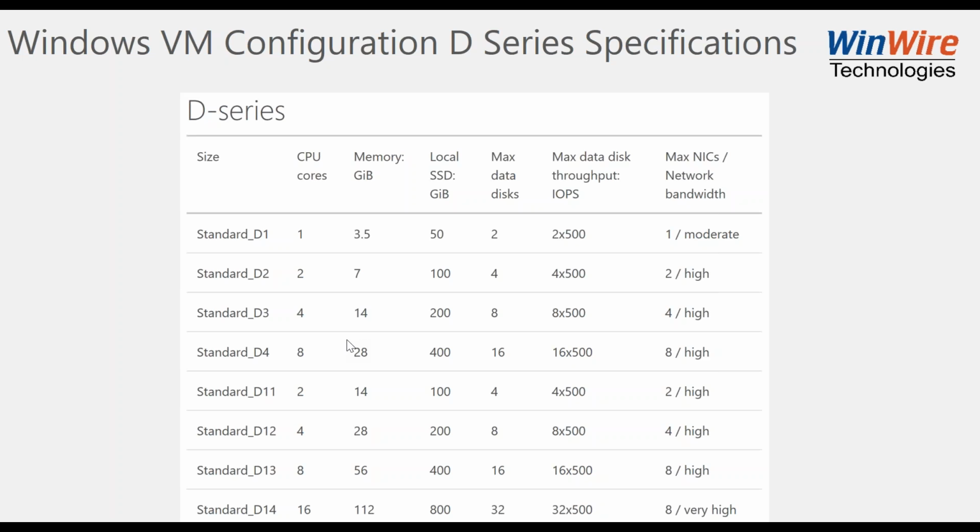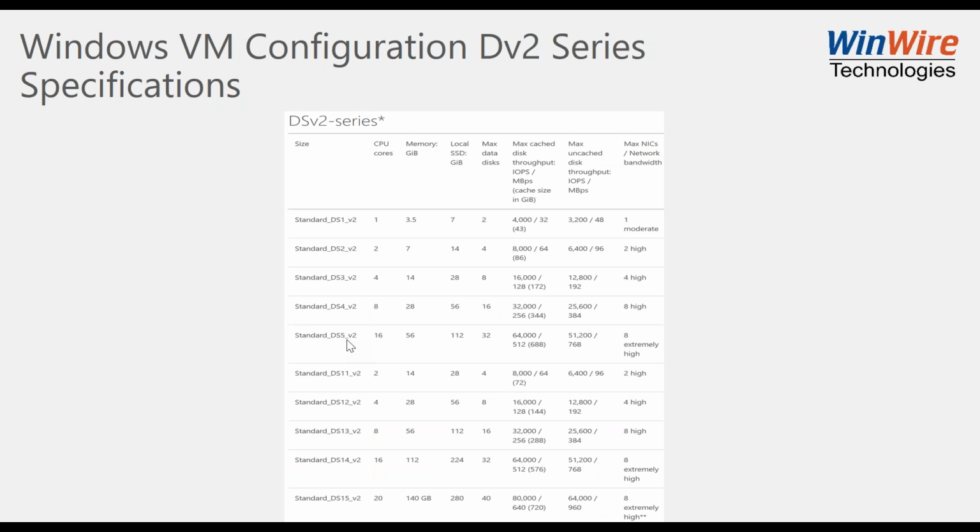And then finally, as you get up to the DSV2 series, that's where you really get into the enterprise class machines. And again, what I would recommend is that you go through and check the pricing and compare those to the machines that you want to make sure that you're paying for what you're using.